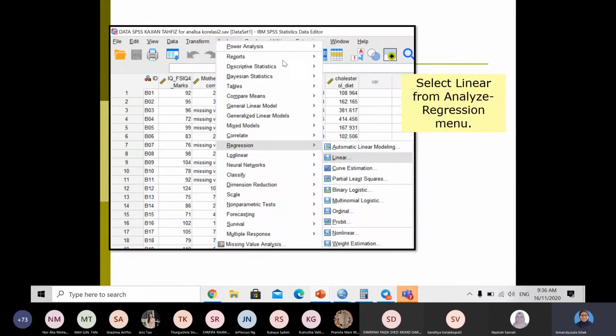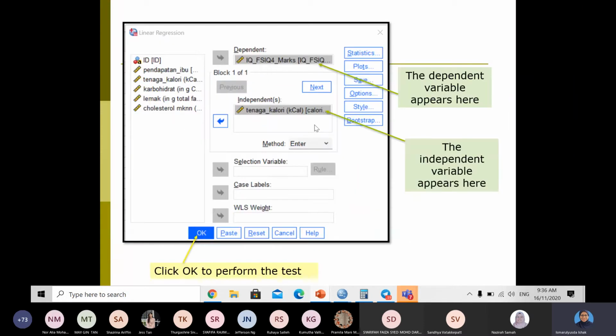In SPSS, select Analyze, then Regression, and then click Linear.